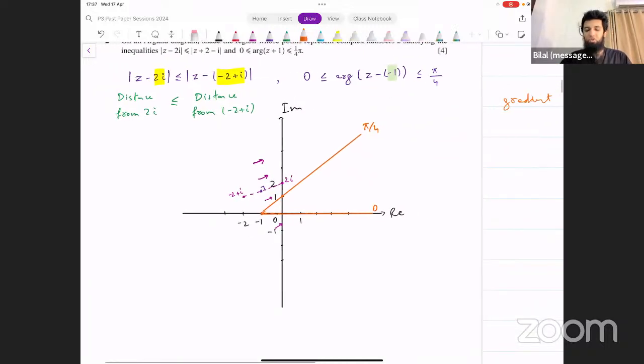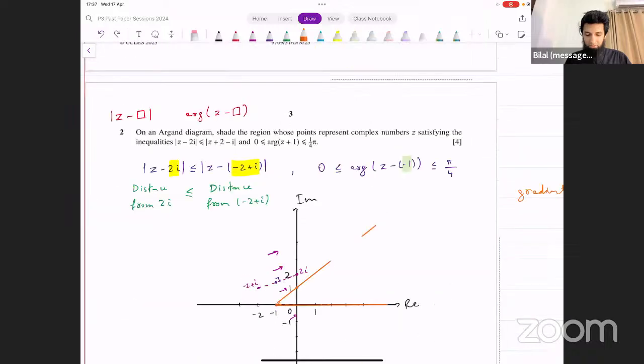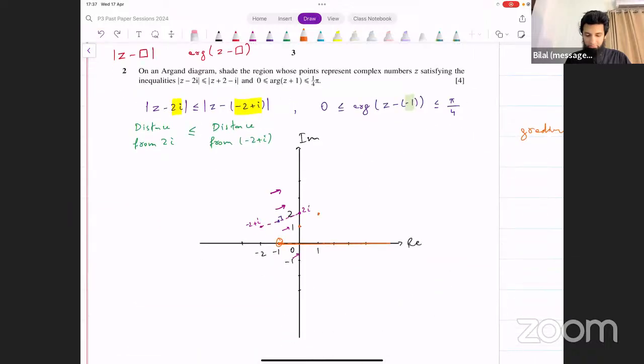Since the argument is supposed to be between these two values, that means, okay, I'm sorry, that got erased. The perpendicular bisector. I hope I can get back to that. How did that get erased?